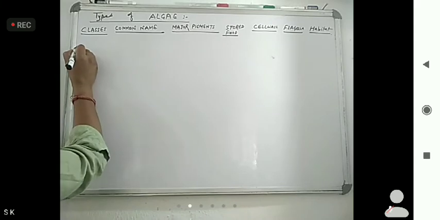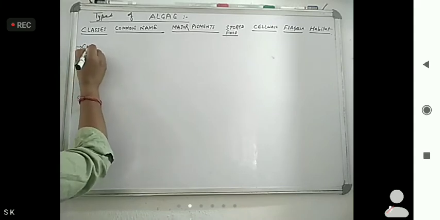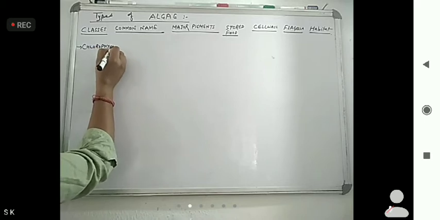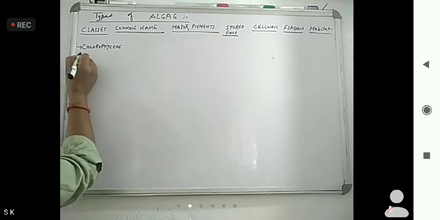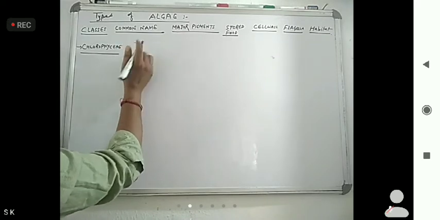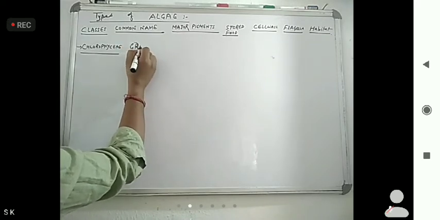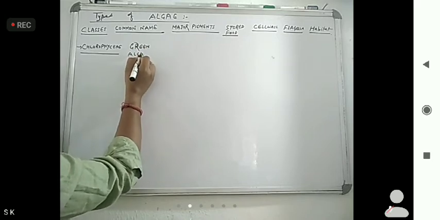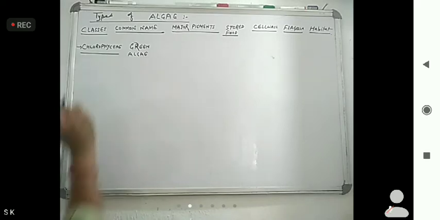First is Chlorophyceae. Now this Chlorophyceae common name is what? Green algae. Okay, they are known as green algae.